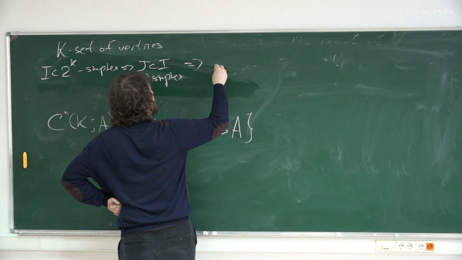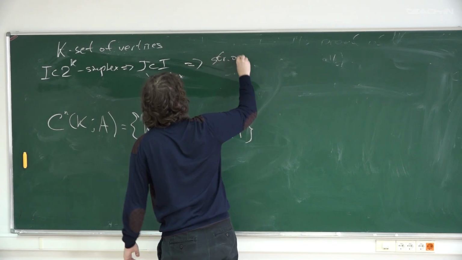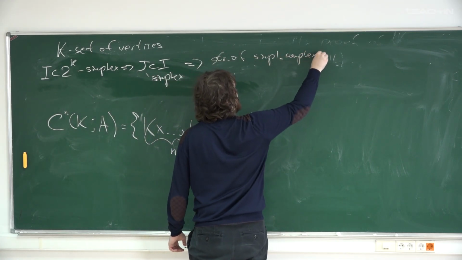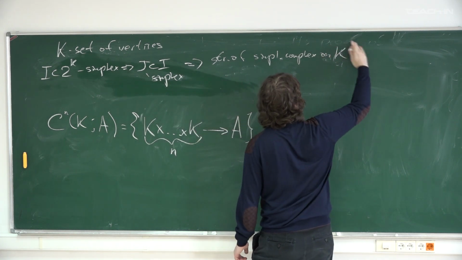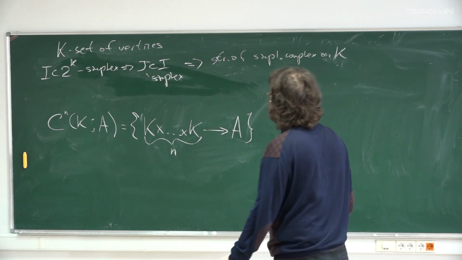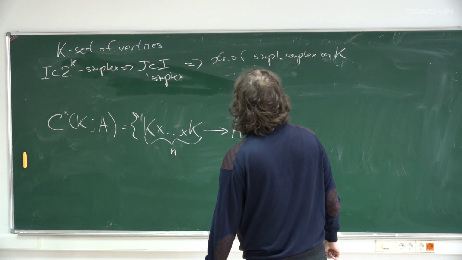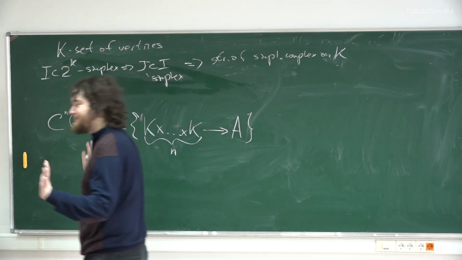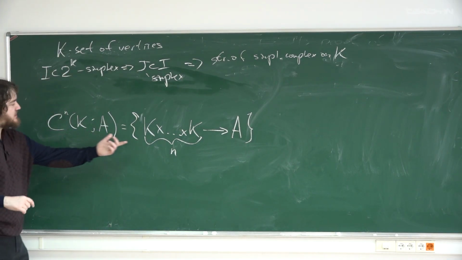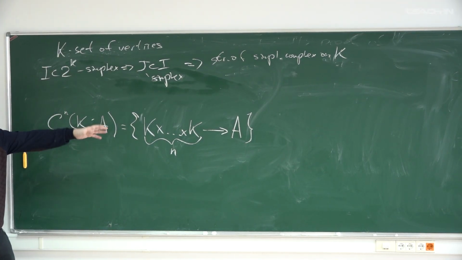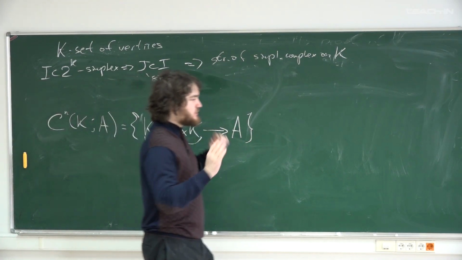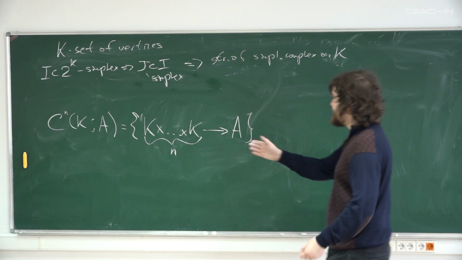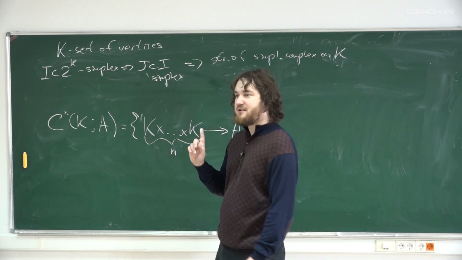Then we say it is the structure of a simplicial complex on K. Maybe we will assume that all vertices are simplices. Then we can consider such cochains. They are just functions with values in some abelian group on ordered sets of vertices.